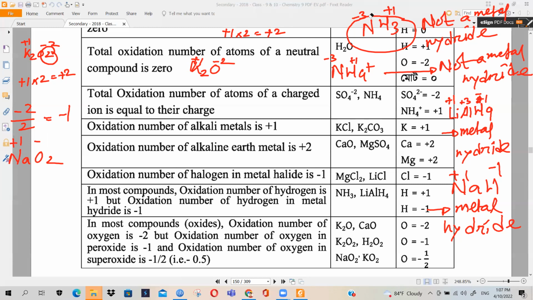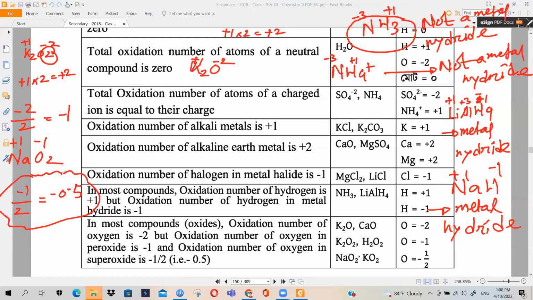Now minus 1 accounts for 2 oxygens, right? So minus 1 upon 2 accounts for 1 oxygen, which is minus 0.5. I'm involving fractions. I hope you understand. Sometimes students get confused with this.